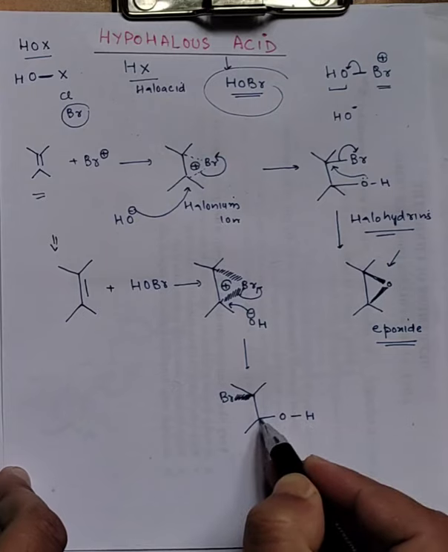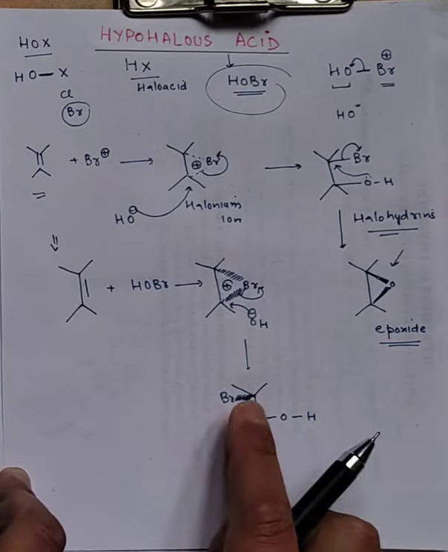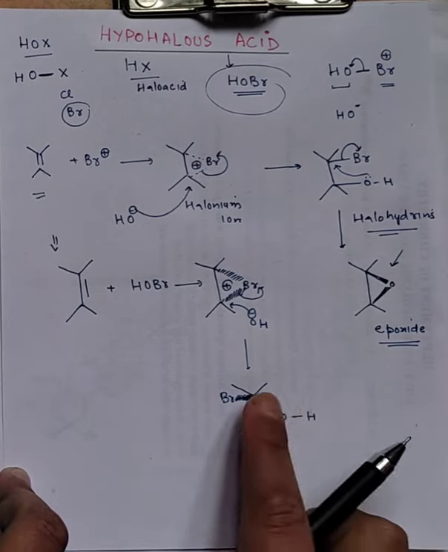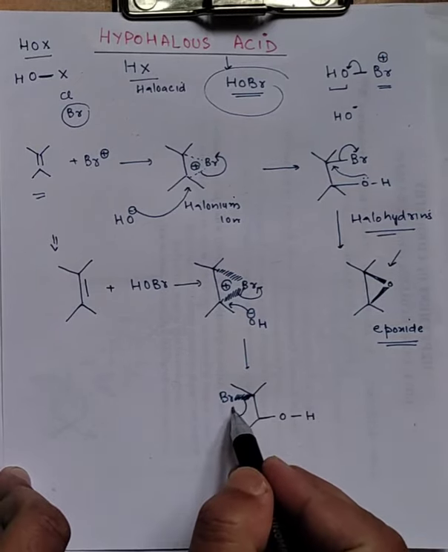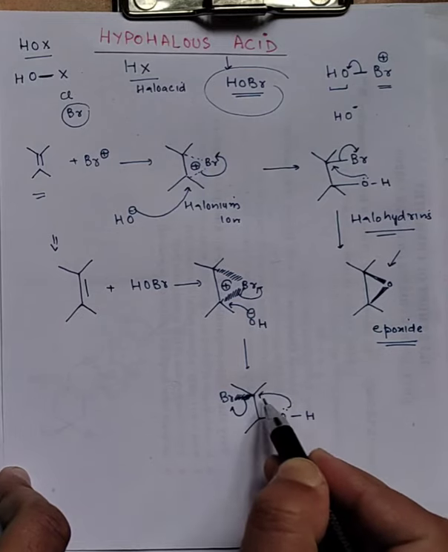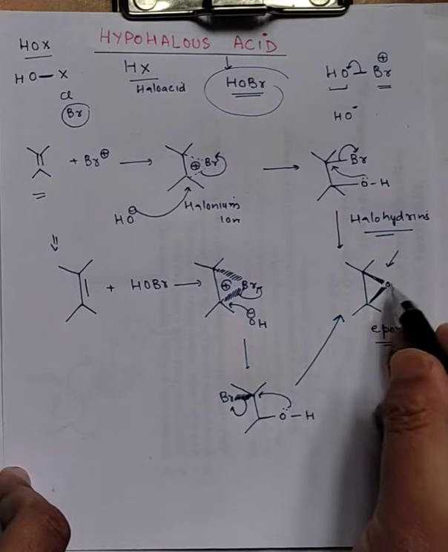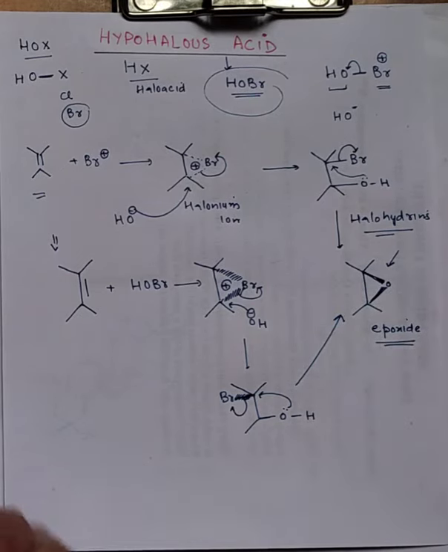So this attacks. Now this Br atom is downwards. So once this leaves, obviously this will attack from the top side, that is above the plane. So your product formed is the epoxide, which is above the plane. So यहाँ पे very important बात है, it behaves like the SN2 system.